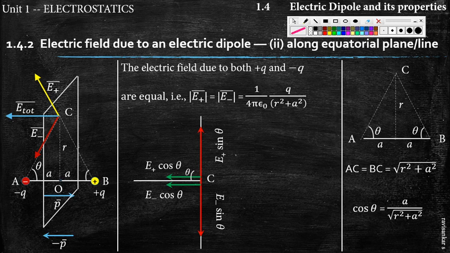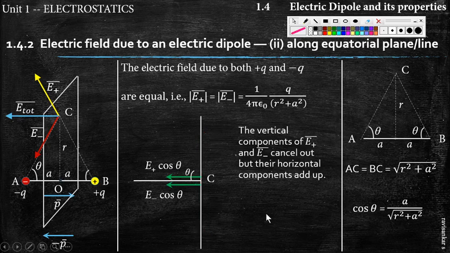Now this diagram is somewhat easier for us to work with, because these two vectors, namely the E plus sin theta and E minus sin theta, you can see here, are opposite in direction. And since the E plus and E minus themselves are equal in magnitude, already we have proved it, this vector E plus sin theta will be exactly equal to E minus sin theta as well as opposite in direction, which means the vertical components are cancelled out.